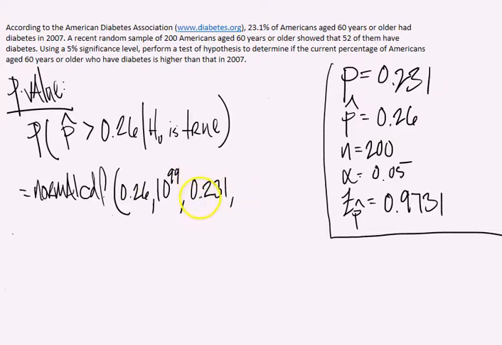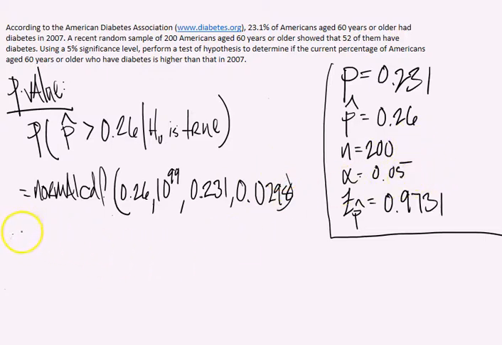That's why I keep using it. And then the standard deviation that I have, which is 0.0298. Right, so that was our standard deviation that we had for this distribution.